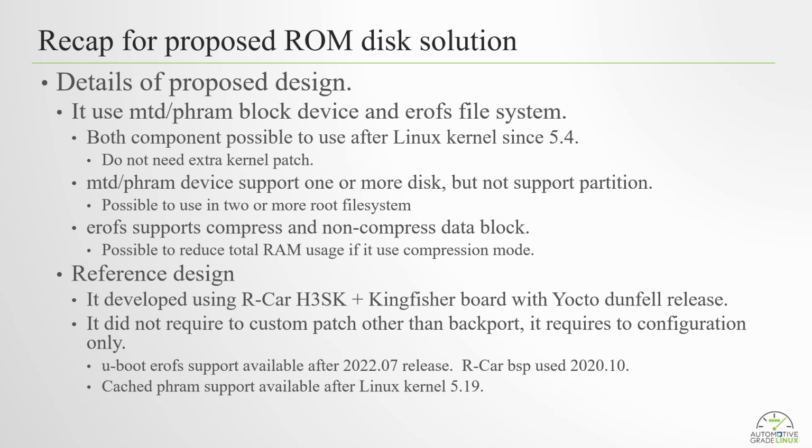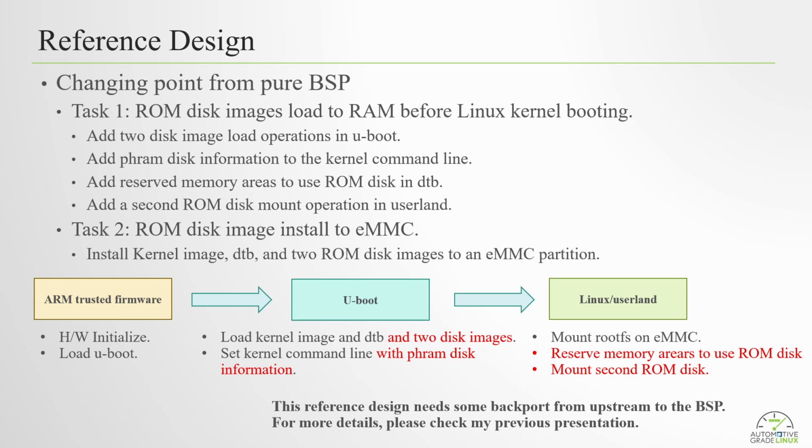The BSP used 2020.10, so it needed a backport. Cached PHRAM support is available after Linux kernel 5.19. This point also needs a backport. These are the changing points from the pure BSP.